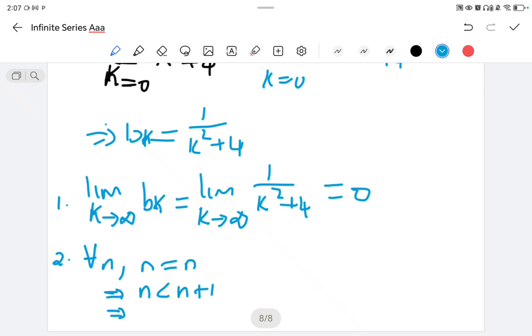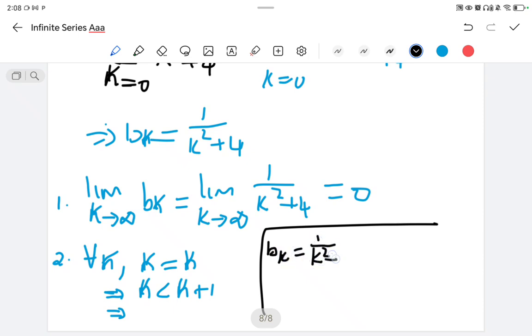We know that this is what we must show. Usually I like to write what I must show so that I don't forget, right? So that b_k, which is equal to 1 over k squared plus 4, is greater than 1 over (k plus 1) squared plus 4, which is equal to b_(k+1).